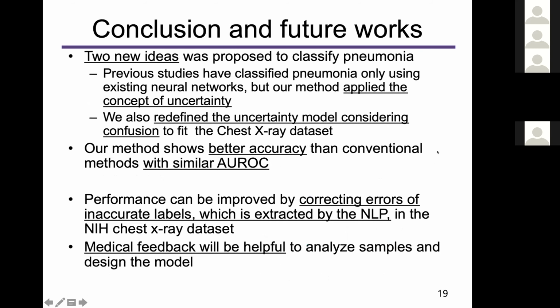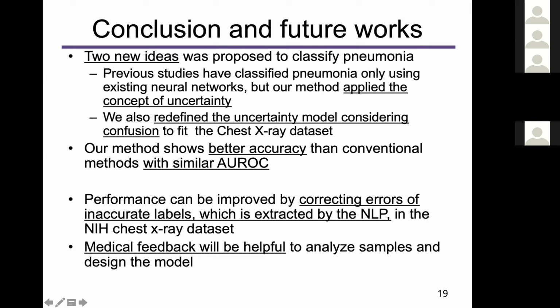So this is our conclusion and future work. We proposed 2 new ideas. First, because a softmax layer has some problems with confusing or misclassified or any uncertain samples, we applied the concept of uncertainty in this pneumonia detection task.